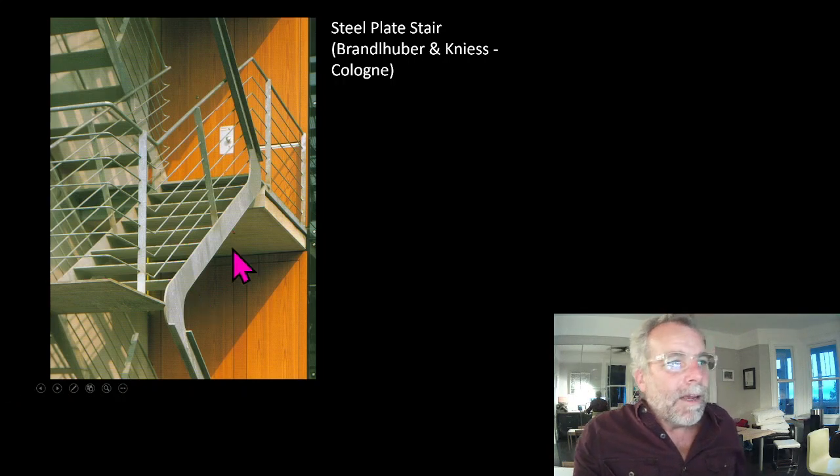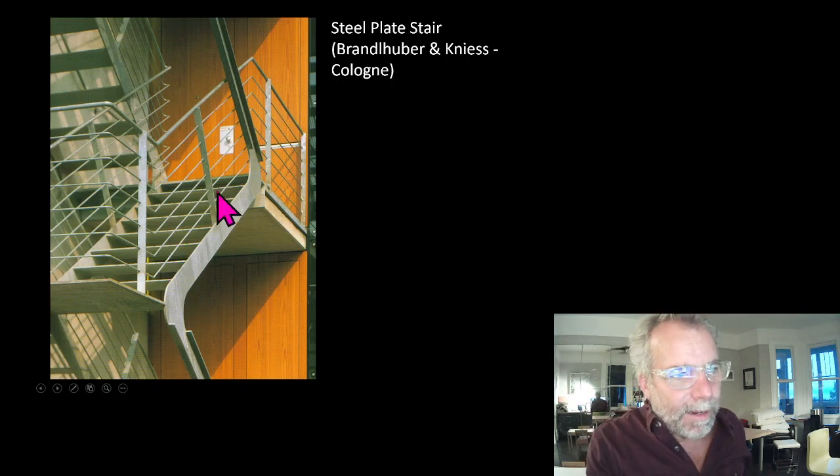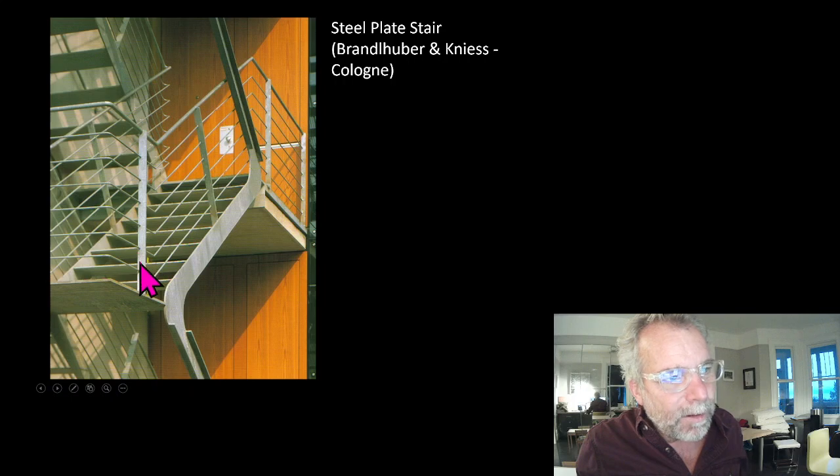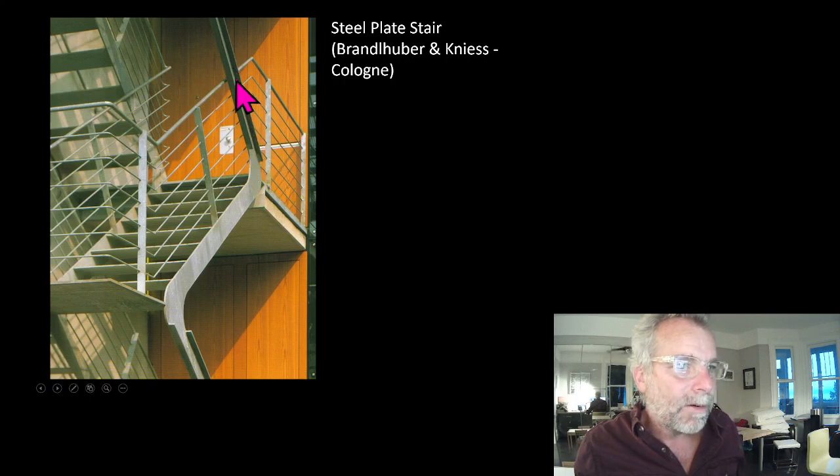I'm going to point out the most salient portions of each particular stair, and we won't go through the whole thing. But the things that are interesting about this: we have steel plate treads and steel plate as the stringer as well. Interestingly, for this portion here, which is the prop, the strut that holds the landing up above, it's a channel.